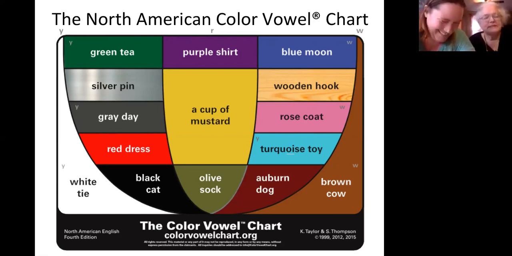So we start with a cup of mustard and that's why it's bigger than everything else. It's a point of discovery. We wait for students to say, and they do, why is it bigger than everything else? You say, good noticing. It's bigger than everything else because it is the most frequently used sound in spoken English. And they go, what?